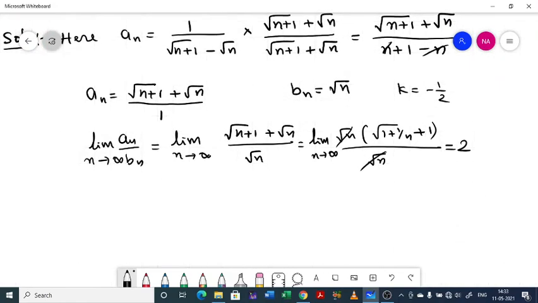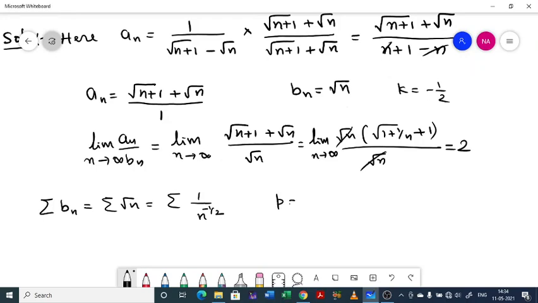Now the series bn is a divergent one. Summation bn, which is summation square root of n, can be written as summation 1 by n whole power minus 1 by 2.